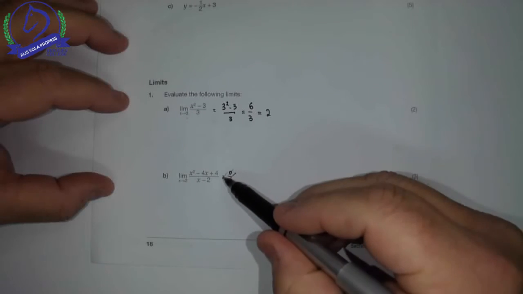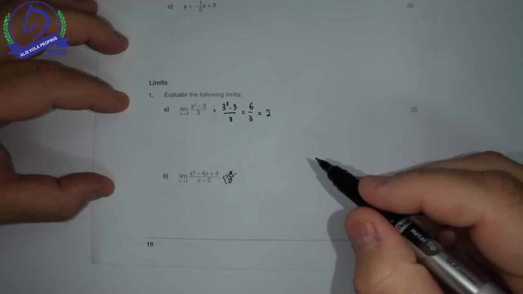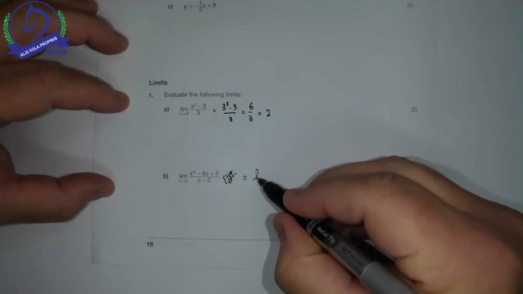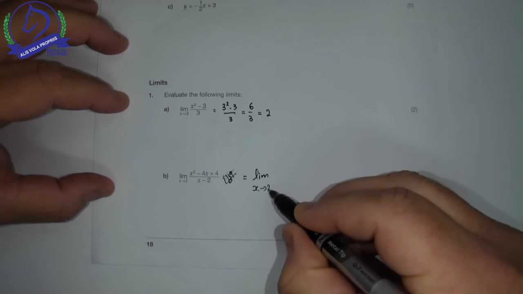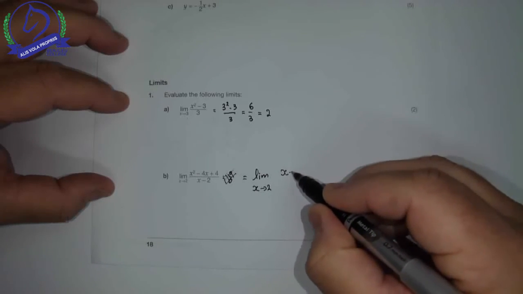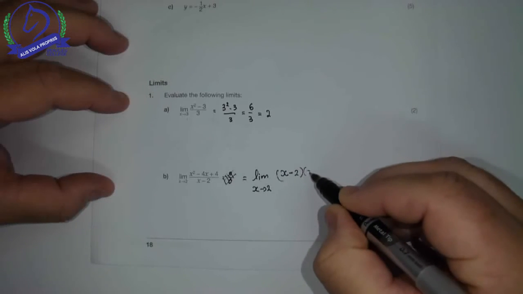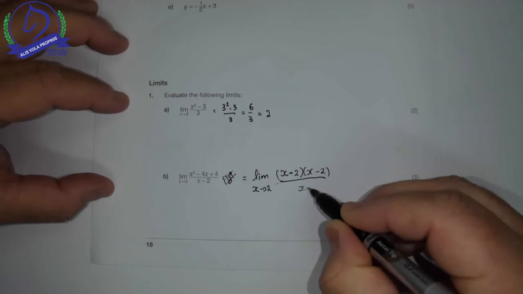To be able to calculate the limit, I need to factorize. So remember, I haven't calculated a limit yet, so I need to keep writing limit. It's essential that you write limit again. Limit when x tends to 2, and then I'm going to factorize at the top. So this is (x minus 2) times (x minus 2) over the denominator, which is x minus 2.